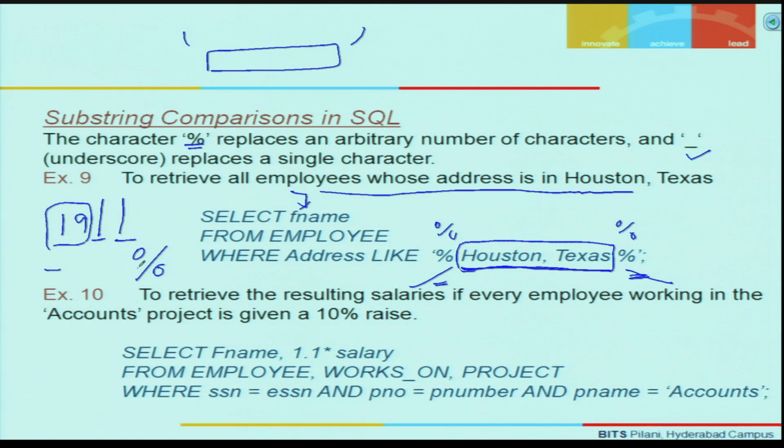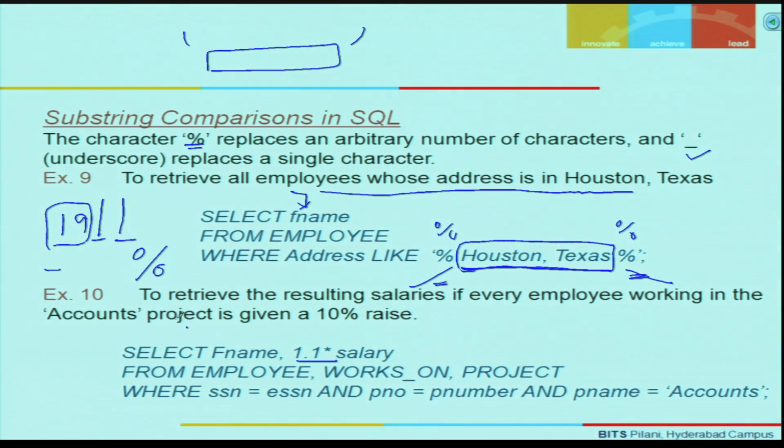And then we can also use some simple arithmetic operations in the statements, for example to retrieve the resulting salaries. If every employee working in the accounts project is given a 10% raise, the management would like to know what the salaries of the employees working with the accounts project would be if their salary is hiked by 10%. So the salary should be multiplied by a factor of 1.1.